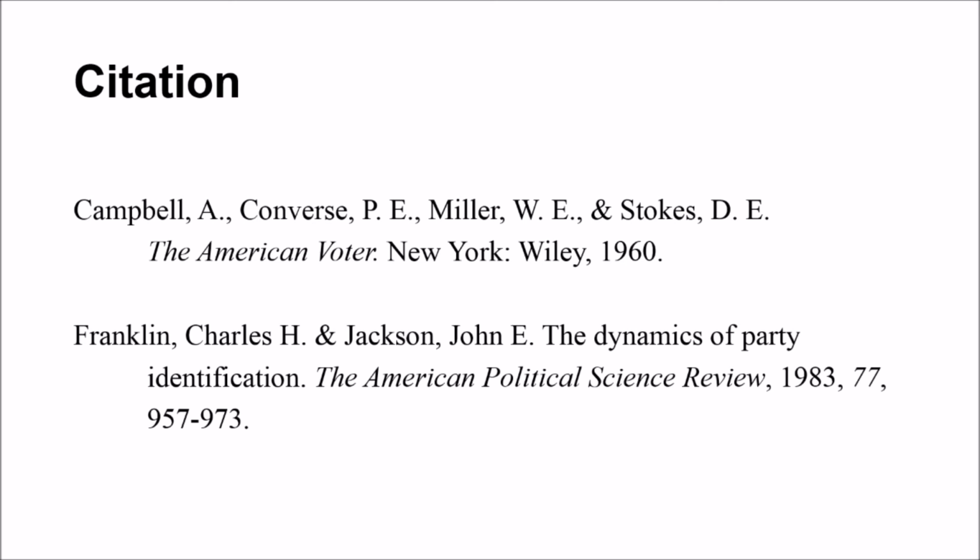So make sure at the end of your paper you have something looking like this. The top one is The American Voter. It's a book, a very famous book in political science. So this is what your book references can look like, and below is a journal article. These are citations that actually go with the very first hypothesis about education and party identification.